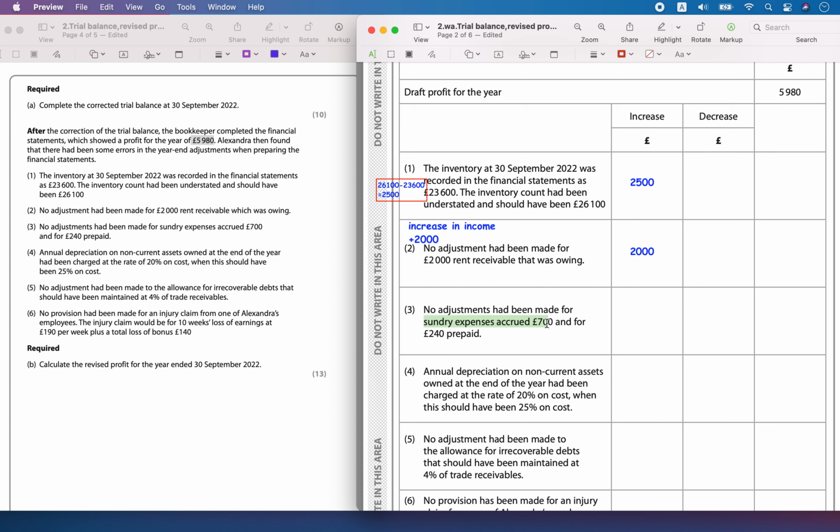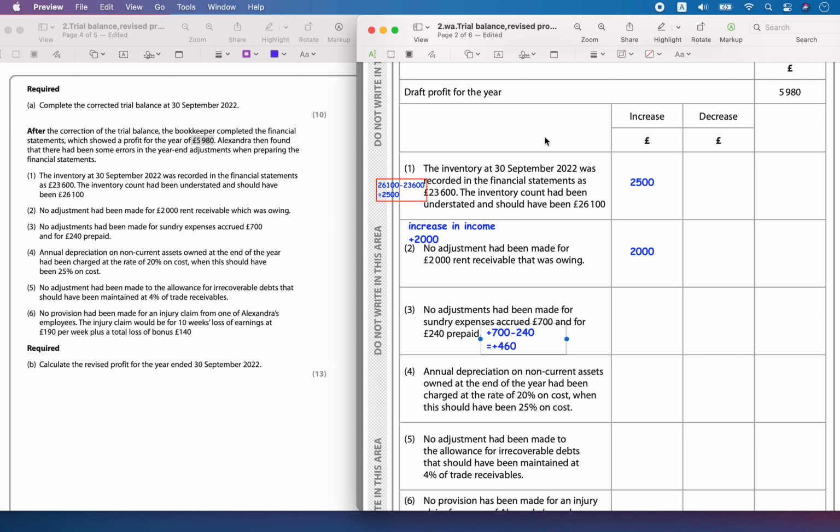No adjustments had been made to sundry expenses. So we will see whether it is an increase in expense or a decrease in expense. The accrued amount was 700, so you have to adjust: plus 700 to the sundry expenses, and anything that was prepaid you had to remove. When you do that, the difference is plus 700 minus 240, that is 460.